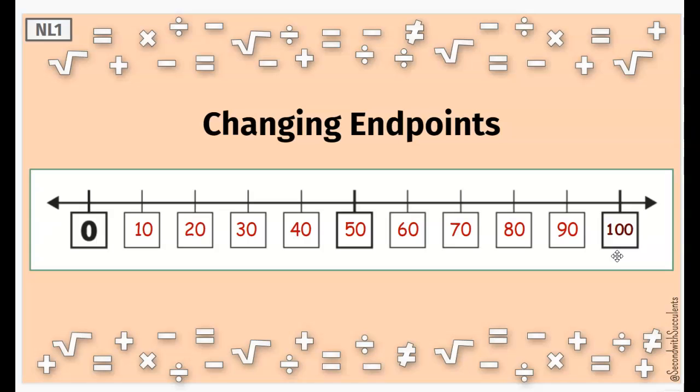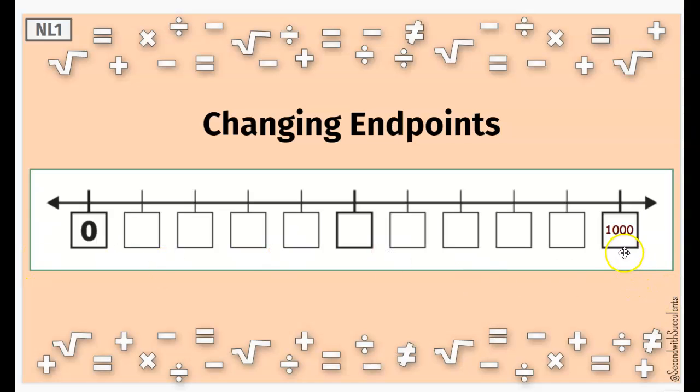Let's look at one more for today. You should move to the very next number line on your paper, the third number line, and I'm going to tell you what our last endpoint is today. Are you ready? Here it is.